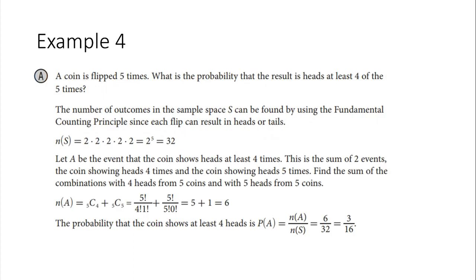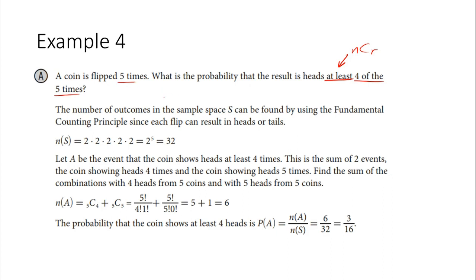All right, so example 4: a coin is flipped 5 times. What is the probability that the result is heads at least 4 of the 5 times? So again, this word pops up and you should already be thinking, boom. 4 of the 5 times. So you're flipping 5 times.